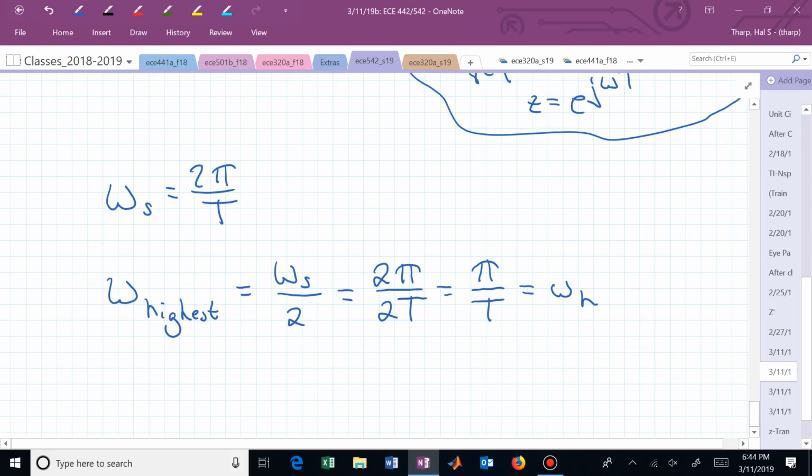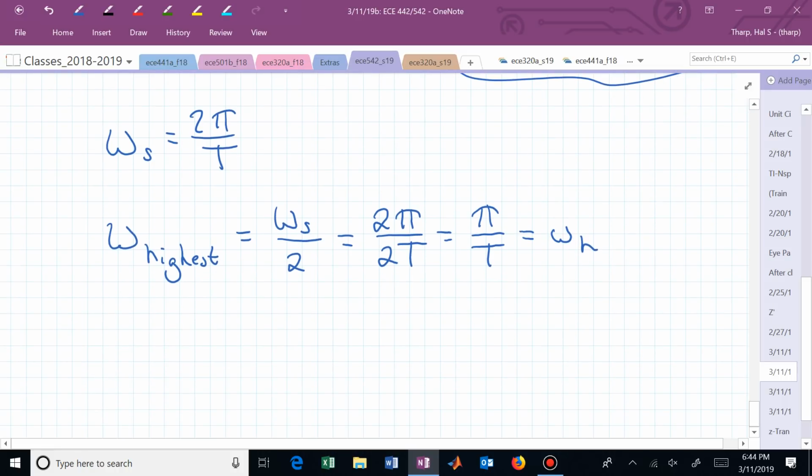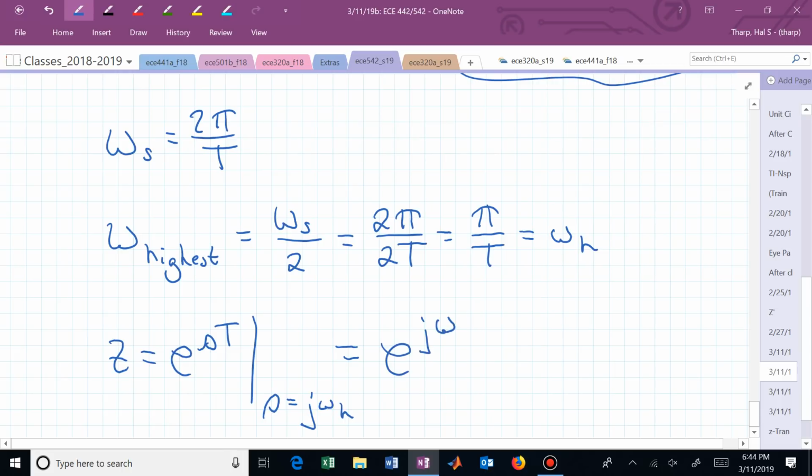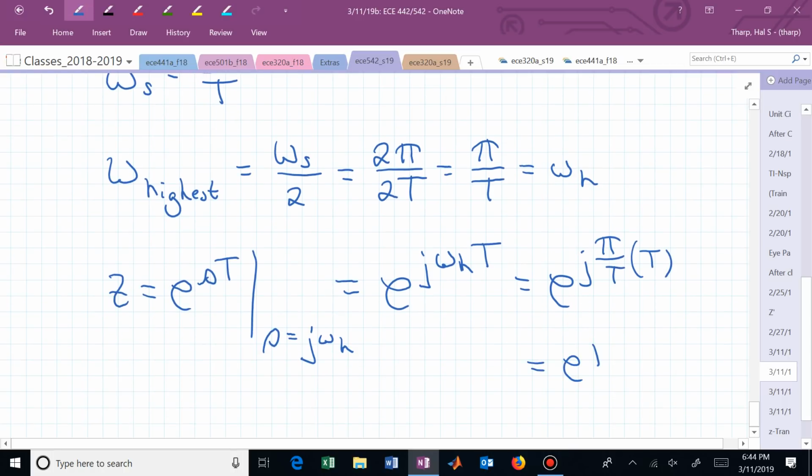What does that become? Well, if we now look at what we end up with, we have e to the j omega h T, but omega sub h is pi over T, times T, so e to the j pi. What's e to the j pi?